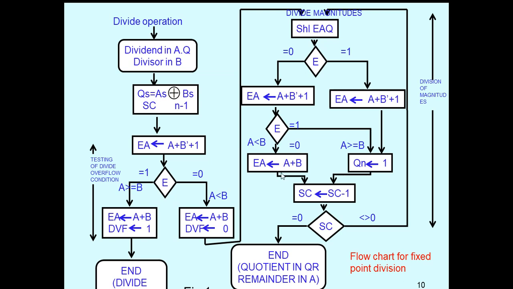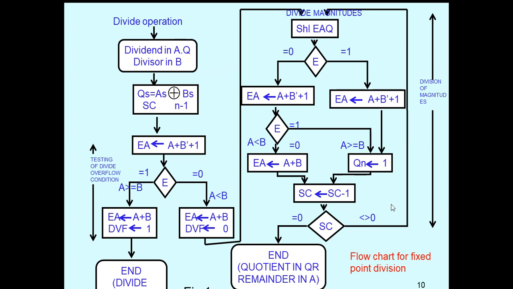So this is the restore: A plus B, where this is the original signed magnitude bits. Whatever result you get here, to that we have to add the divisor bits and then decrement the sequential counter value.